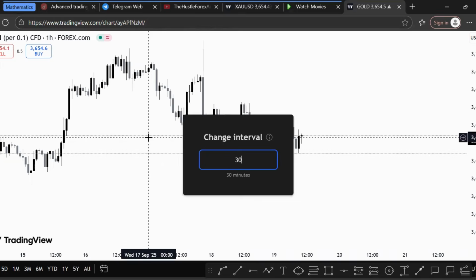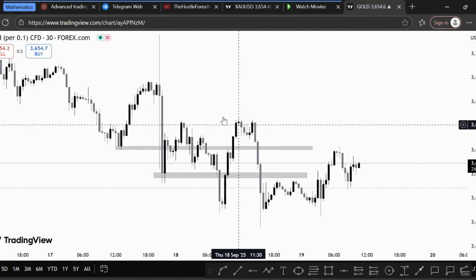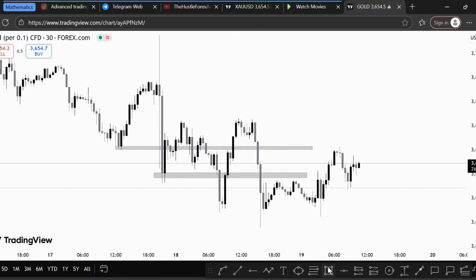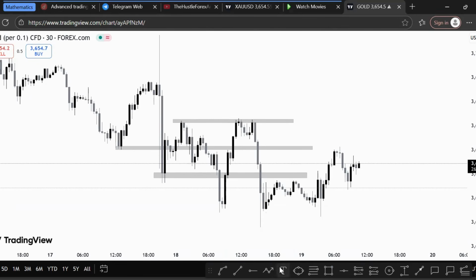So go for M30. Now we know, okay, like I said, these were equal highs, these were equal highs, right?